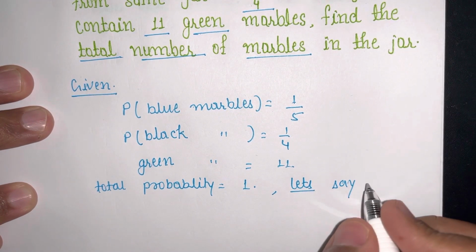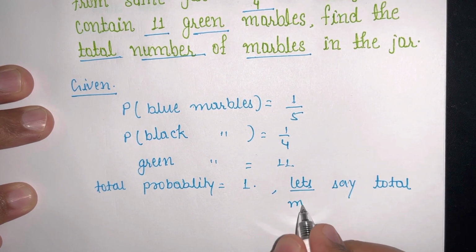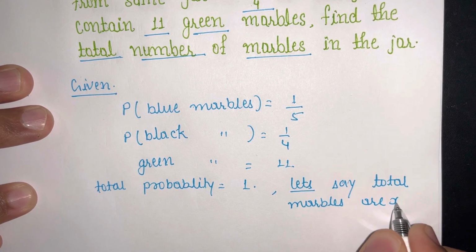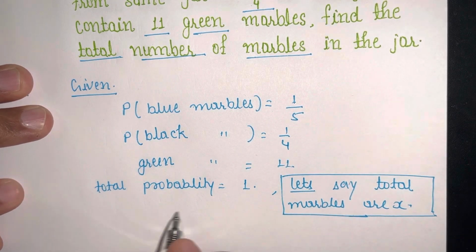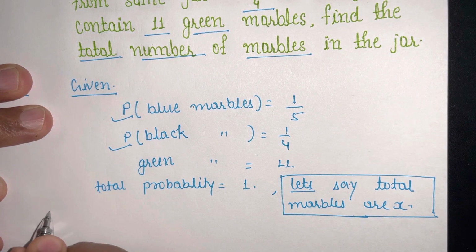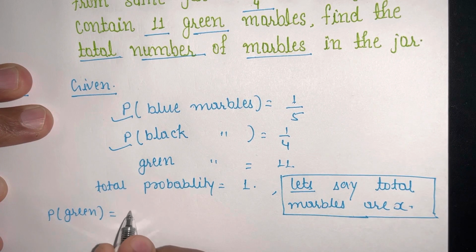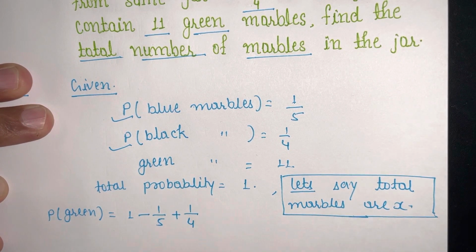So let's assume total marbles are x. In this case, the probability of blue and black is given, so you can find the probability of green marbles, which will be 1 minus (probability of blue plus probability of black).